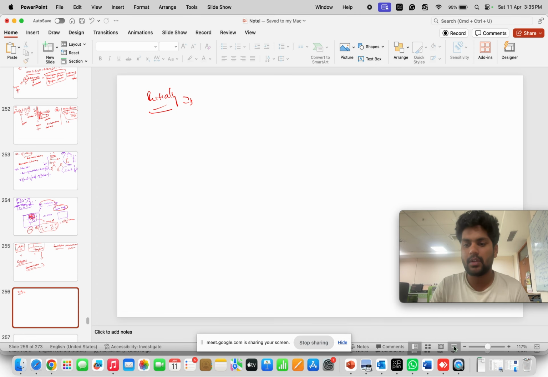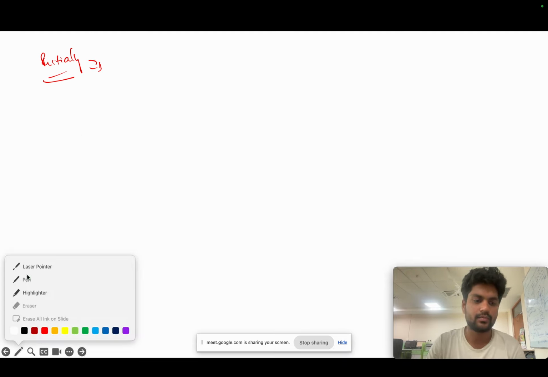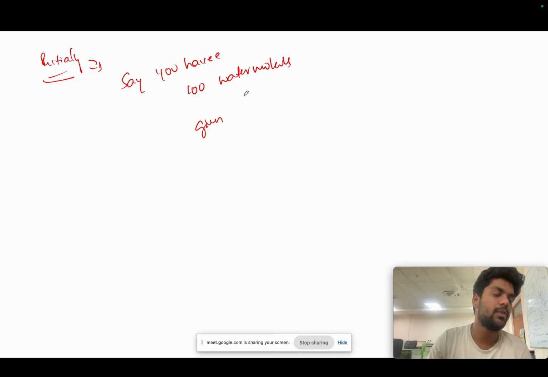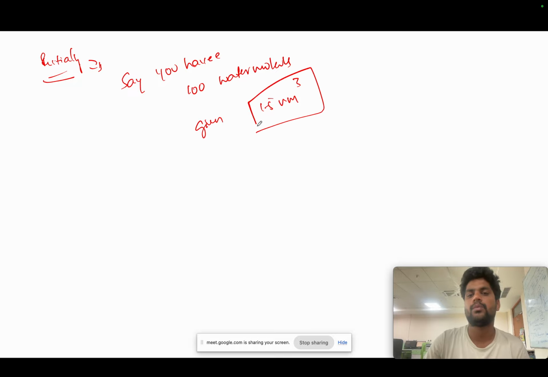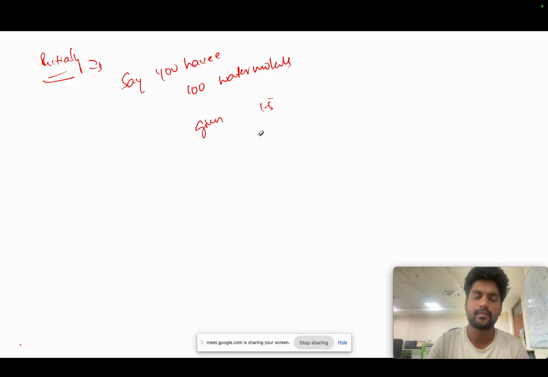So just assume that you have water. Say you have 100 water molecules, and the given box size for 100 might be around 1.5 nanometer cubed, though not exactly 1.5 nanometer cubed.